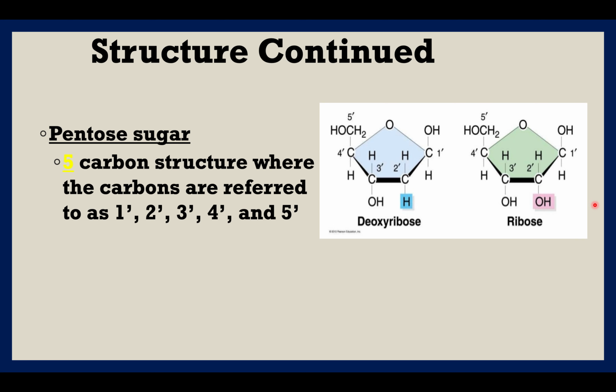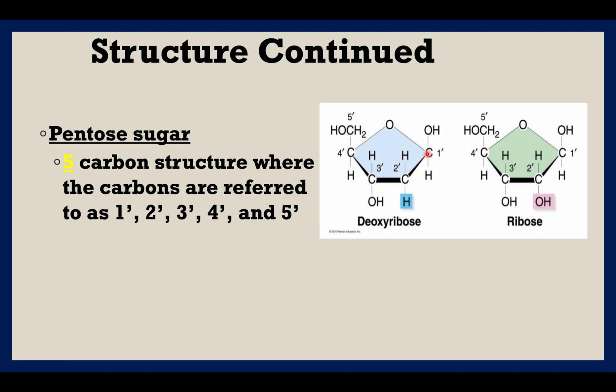Now, let's dive a little bit deeper into the pentose sugar, which is the other part of the DNA structure. First, it is a pentose sugar. Pentose implies that there are 5 carbons in the structure, and these carbons are numbered from 1 through 5. That is how we get the 5' and 3'. We begin counting from this carbon, usually referred to as the anomeric carbon.